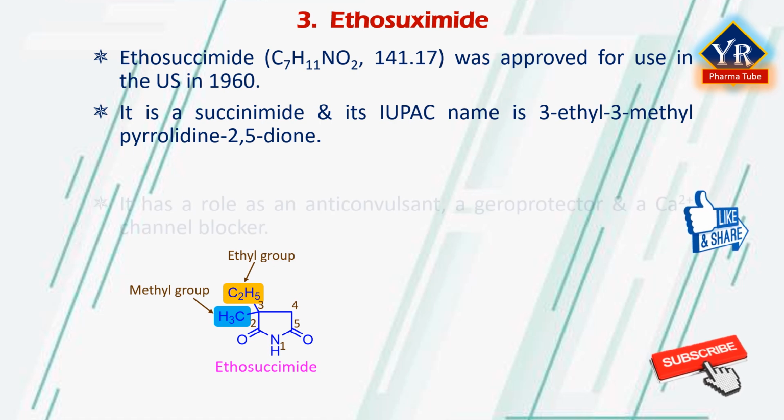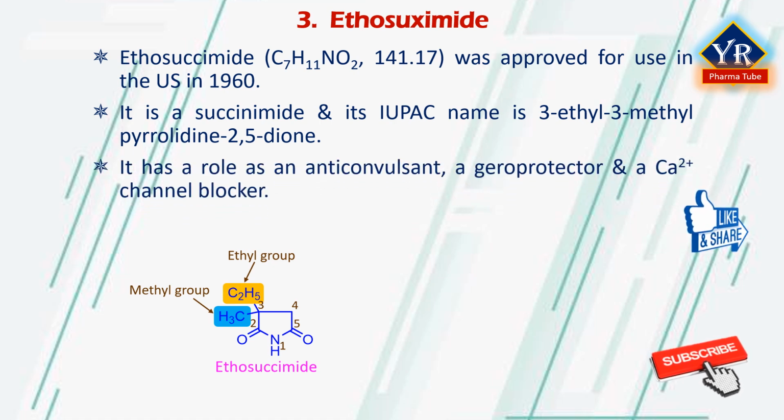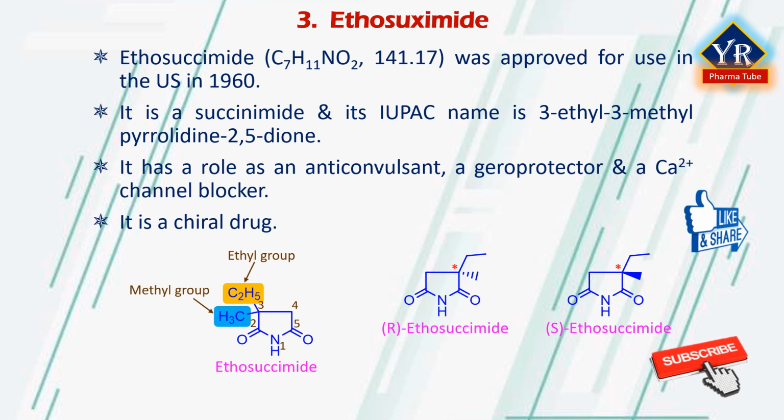It has a role as an anticonvulsant, a geroprotector, and a T-type calcium channel blocker. It is a chiral drug with a stereogenic center. Therapeutically, the racemate, that is the 1:1 mixture of S and R isomers, is used.